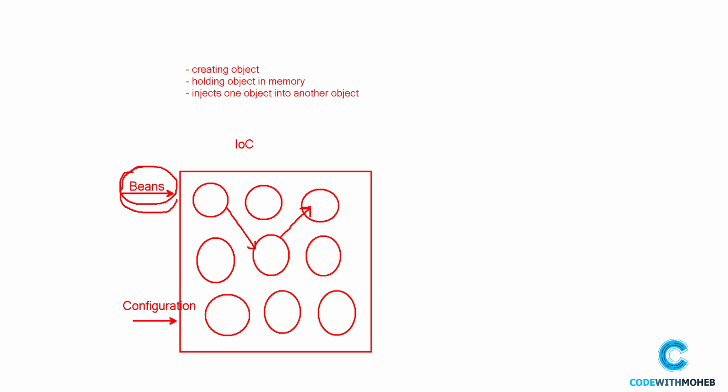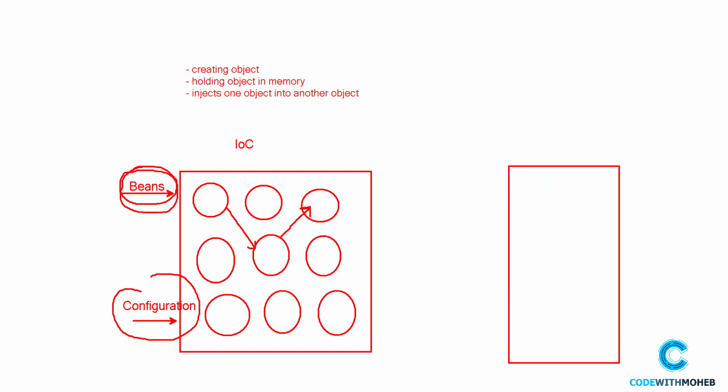Through beans we can tell IOC which Java POJO class to manage, and the second is the configuration file. It is the XML configuration file. Here we will show which bean is dependent on which bean. So these are the two important things that we have to give to the IOC Container.